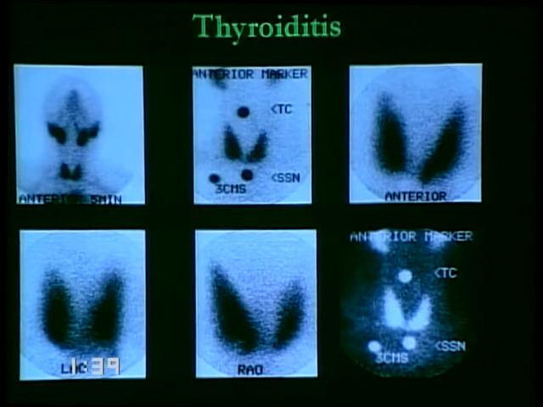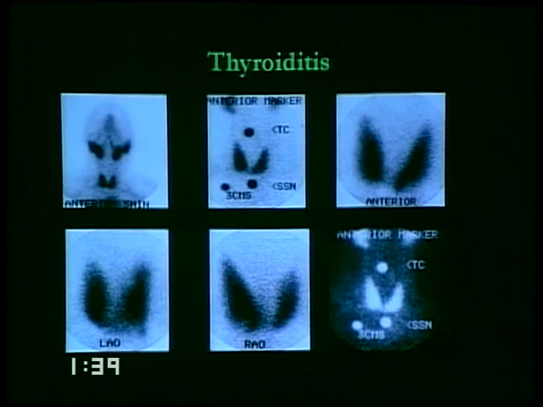Thyroiditis, more common than thyroid cancer, more common than thyroid adenomas, can present variably. You could have normal activity depending on phase of imaging. You could have diffusely increased activity or diffusely heterogeneous activity. Sometimes in a background of thyroiditis, you may unmask an underlying toxic adenoma.